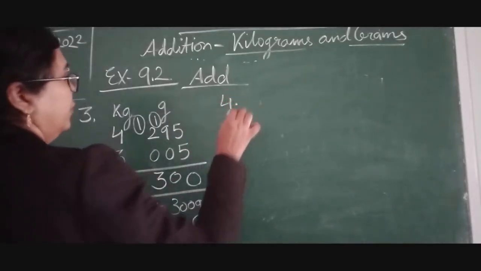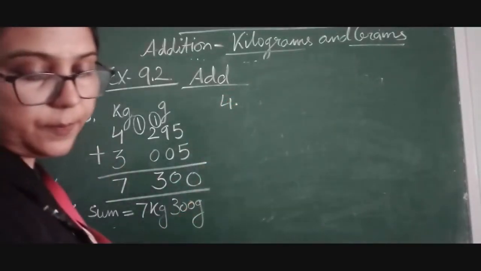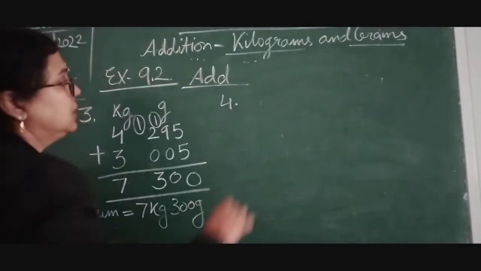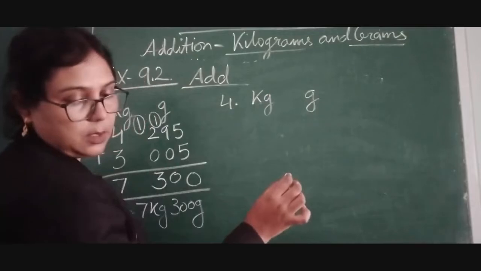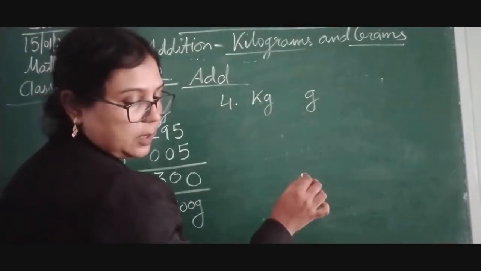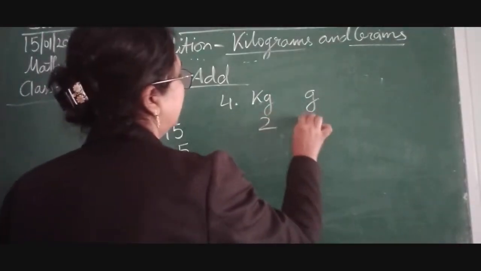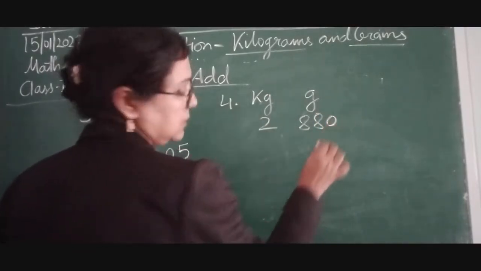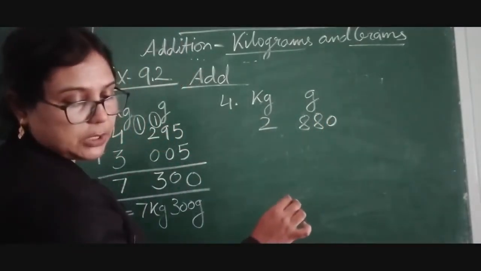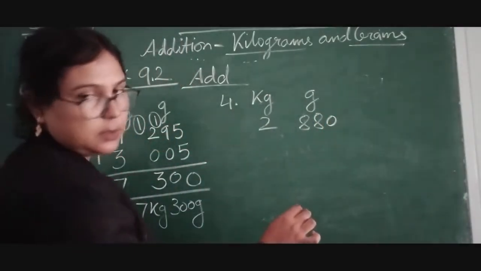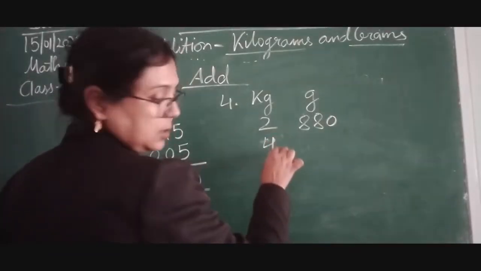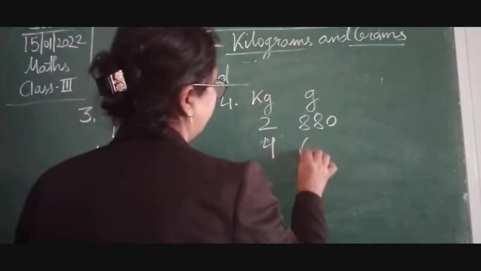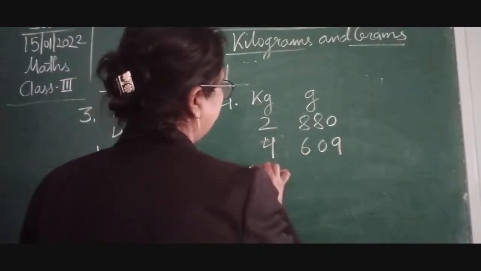Similarly, number 4. Okay, number 4 is kg and gram. 2 kg 880 grams, 4 kg 609 grams.